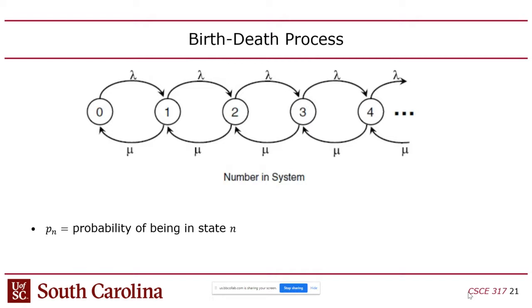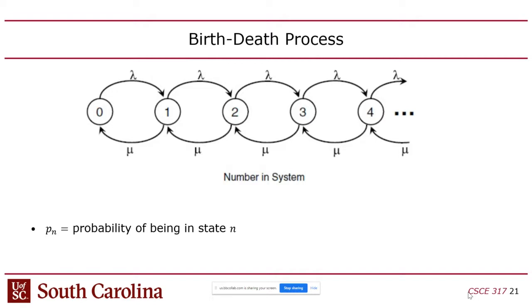For example, if you add up n times P of n for all the states, starting at 0 and going to infinity, that gives you a weighted average of the state number, multiplying each state number by its probability. That gives you the expected number of customers in the system, because n is the number of customers in the system.